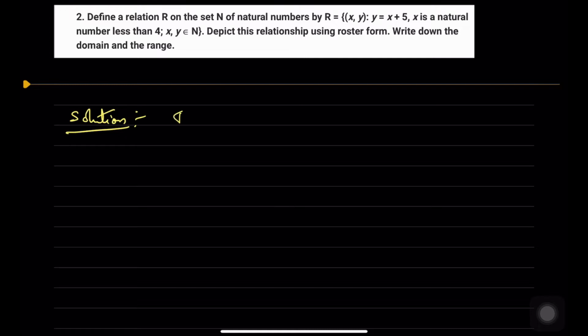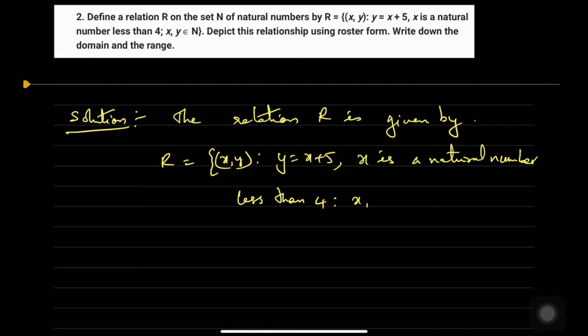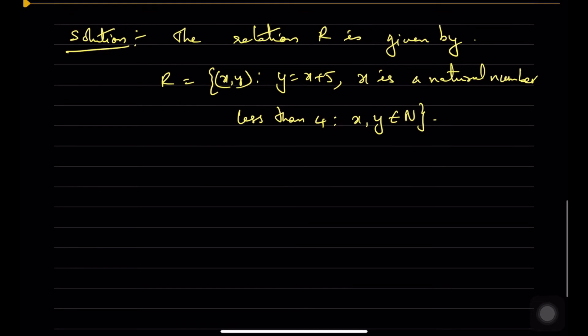So now, what is the solution? The relation R is given by R equal to the set of all (x, y) such that y is equal to x plus 5, x is a natural number less than 4, x, y belongs to capital N. What are all the natural numbers less than 4?